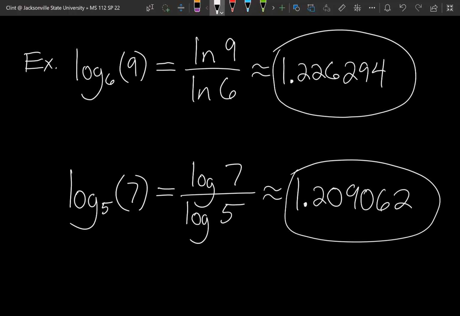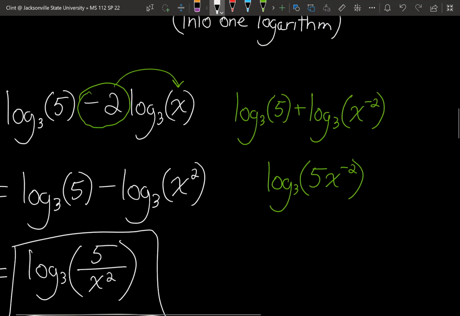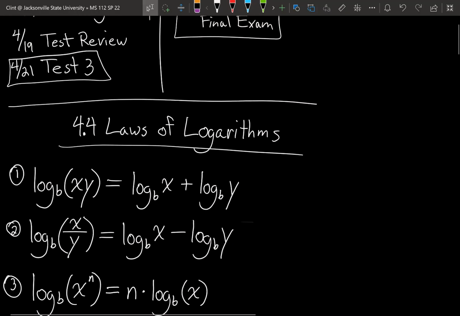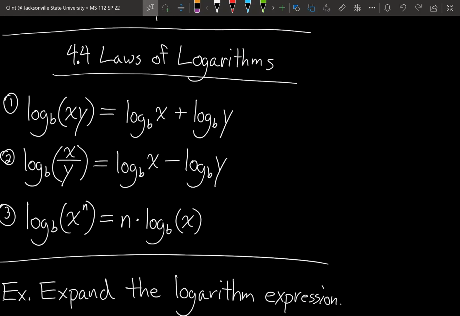Because our properties, way back at the beginning, only work if all the logarithms involved have the same base. That could be useful.